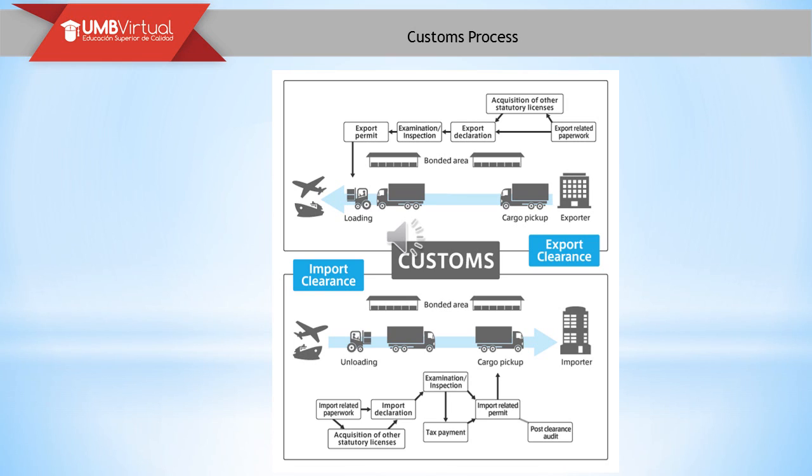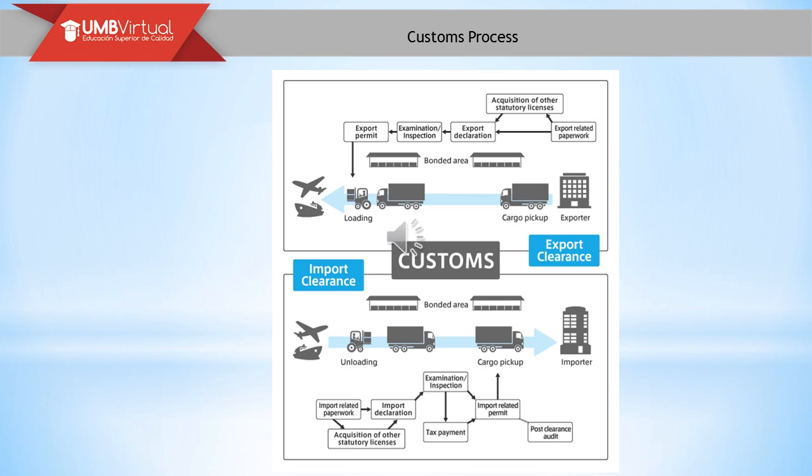Once the goods get to the final destination or a port of importation, there is the unloading process. Once the unloading process is in place, we have to see about licenses and everything. We have to make an import declaration, as you can see in the chart.